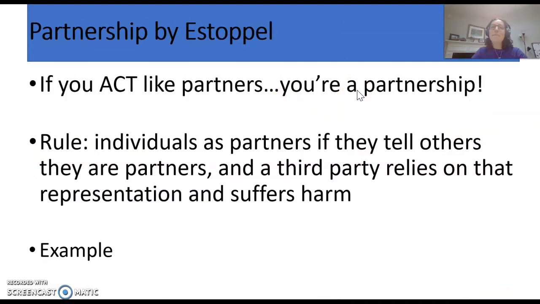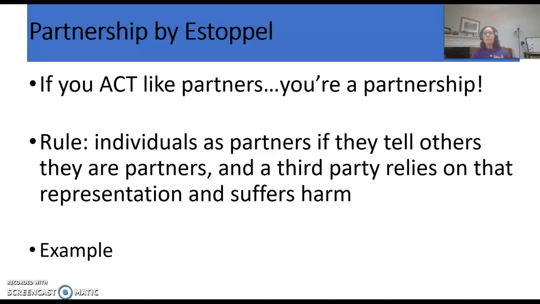I wanted to talk about this concept called partnership by estoppel. So pause the video again if you need to reorient yourself. But if you go back a few minutes, we were talking about how a partnership is formed and how partners agree to be partners. You don't have to tie someone down and force them and say, will you be my partner? If two people just agree that they're going to share business together, then they're partners.